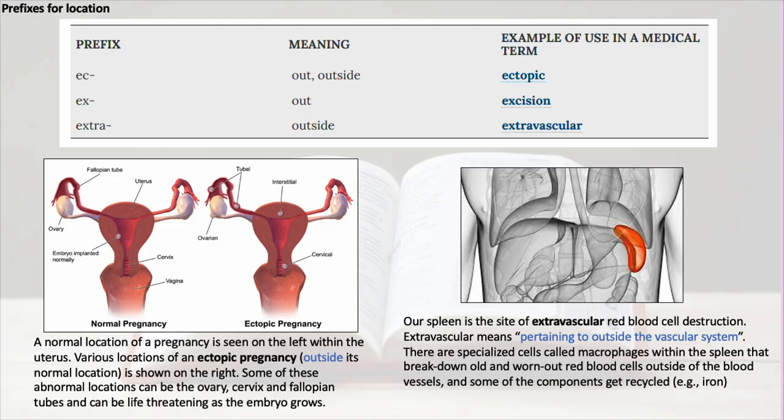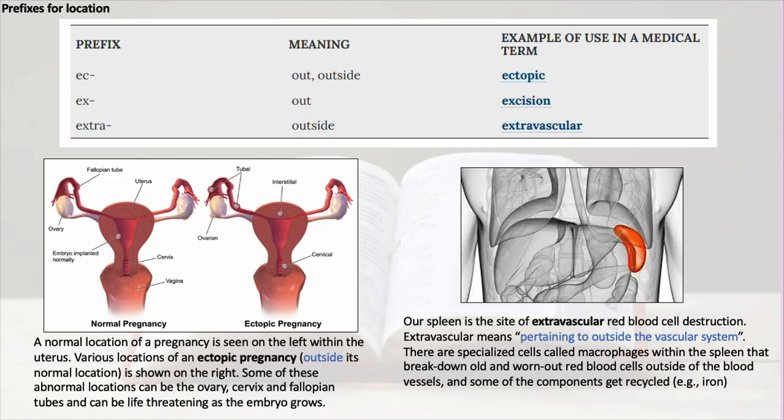And so we need blood cells that are functioning properly, that are able to bind iron effectively and bind oxygen and be able to circulate oxygen throughout our bloodstream and throughout the body. So because this breakdown happens outside of the blood vessels, it's happening in the spleen, it is called extravascular destruction.